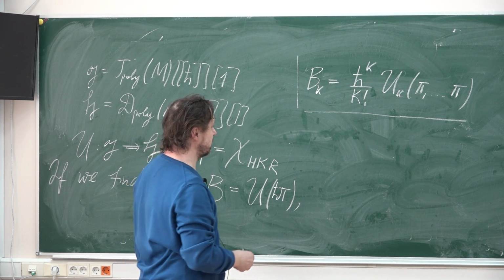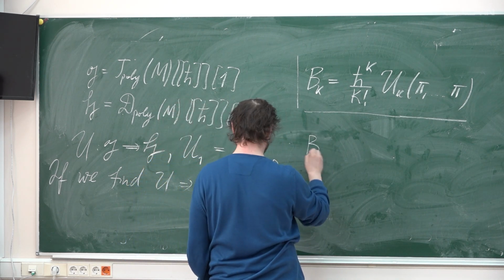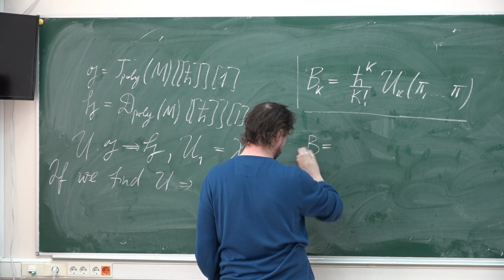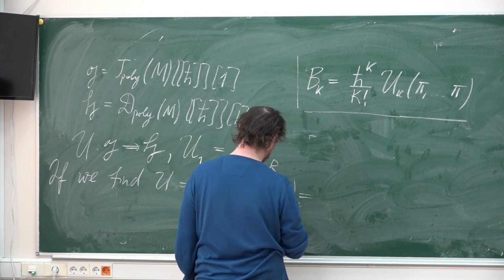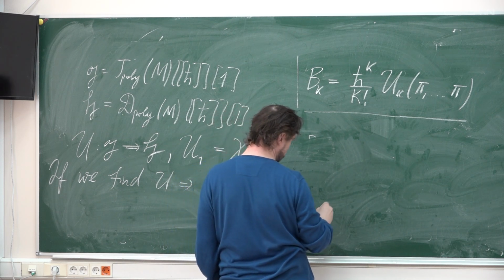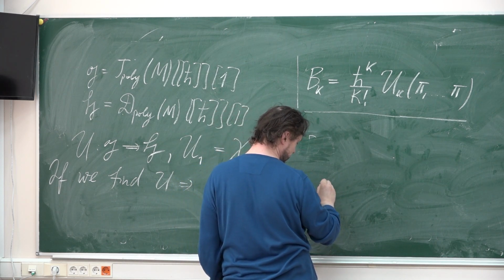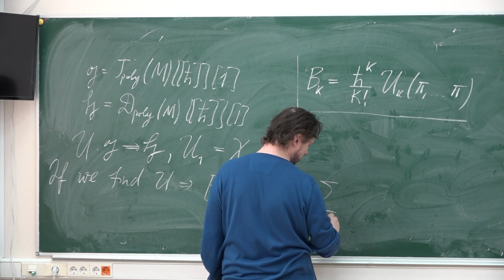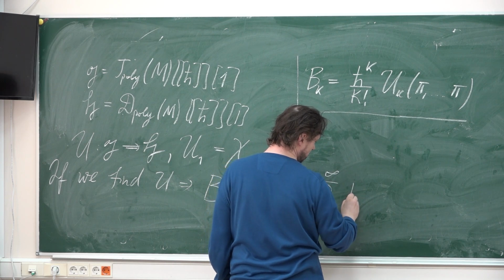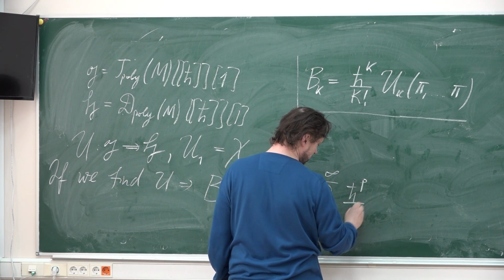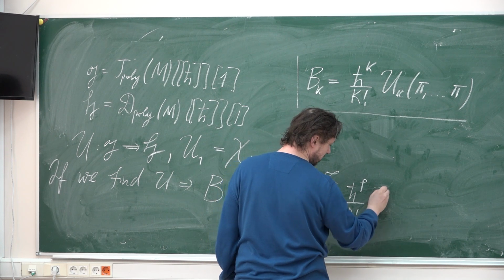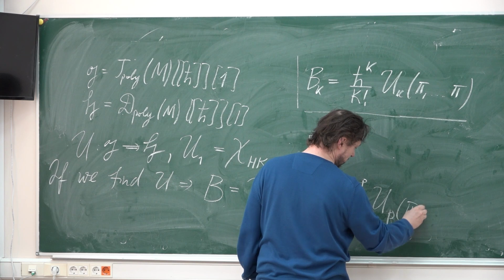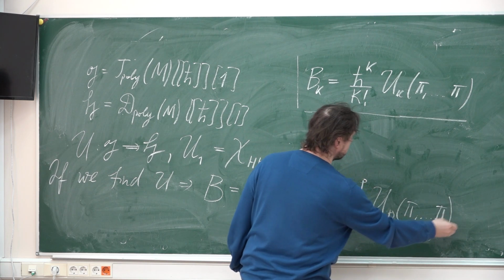Right? So let me expand this equation. If B is equal to U of h bar pi, you will have something like this. It will be equal to the sum over all p from 1 to infinity, h bar to the power p, 1 over p factorial, U_p of pi, comma pi.